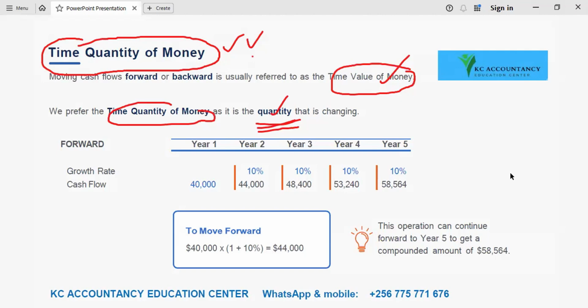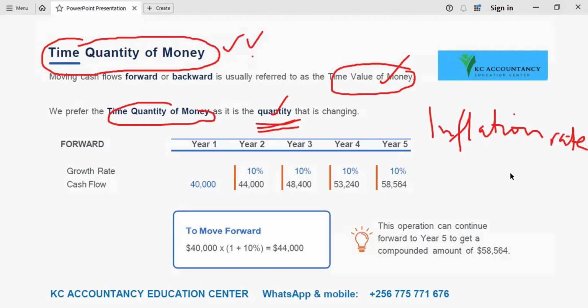The value of money can also change over time, and the change comes about because of the inflation rate. It is the inflation rate that brings about the change in the value of money over time, because inflation essentially erodes the value of money.